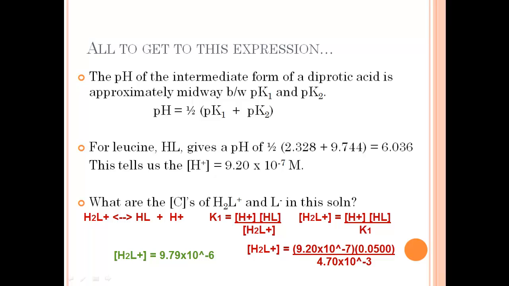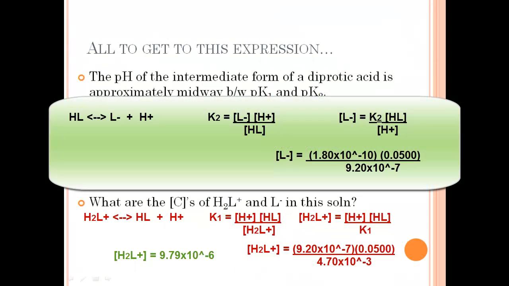You can do the same thing for the concentration of L minus by using the original reaction of the diprotic acid. HL dissociates into L minus plus H plus, so the equilibrium expression would be K2 equals L minus times H plus over HL.